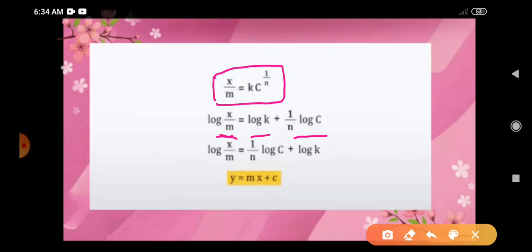Here y is log of x by m, the x-axis is log c, and the intercept is log k. So after taking logarithm, we get an equation in the form y equals mx plus c. That means when we make a plot between log x by m and log c, we will get a straight line. Let us make a plot for this.